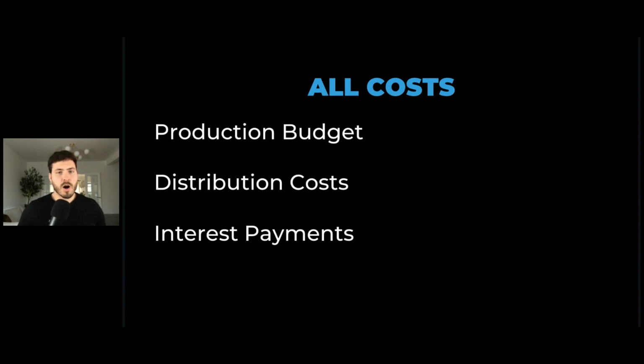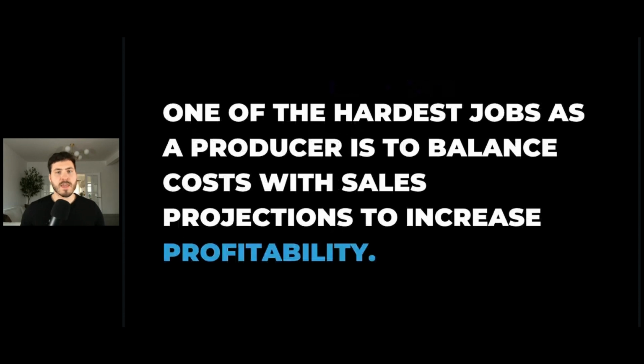Now, one of the hardest jobs as a producer is to balance costs with sales projections to increase profitability, because it's very simple to say, well, if I can just get this actor on board, I will make more money. But will you actually make your film more profitable? Bringing on board a known actor is an extremely high cost and is very risky.